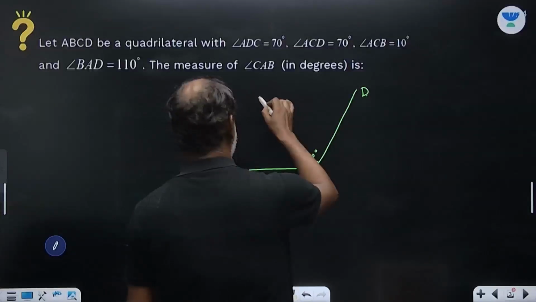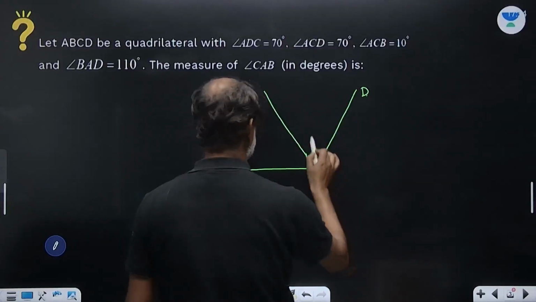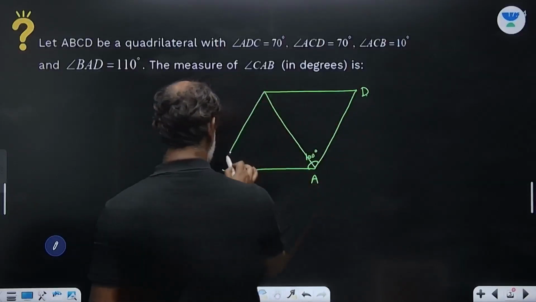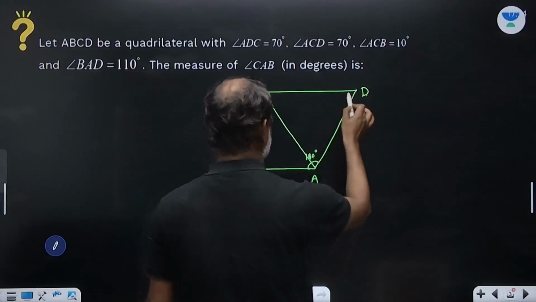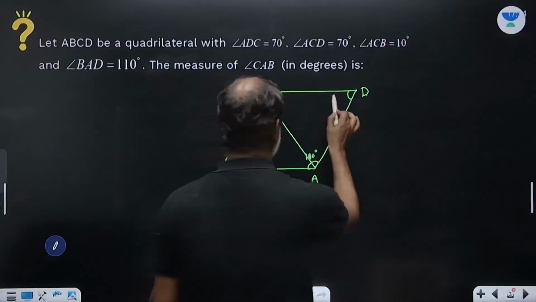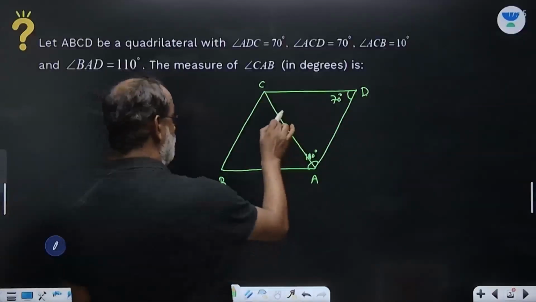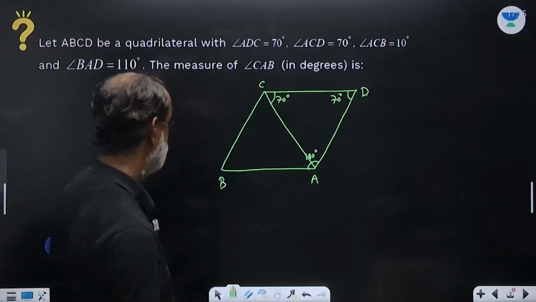So, let me draw an equilateral triangle. This is 110 degree, ADC 70 degree, and then ACD is also 70 degree, CAB.